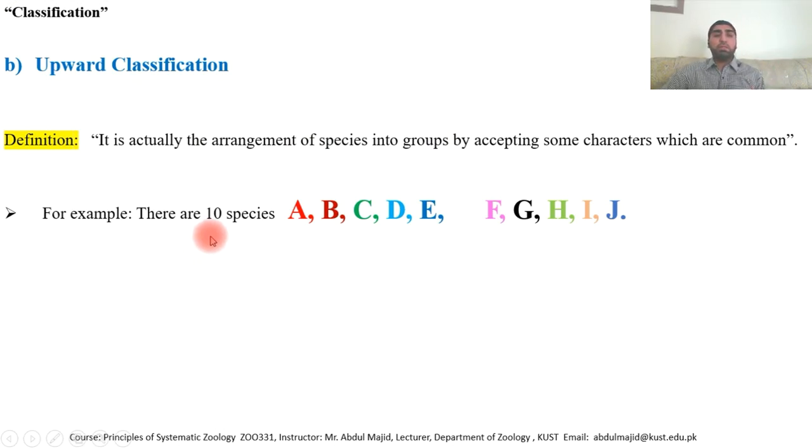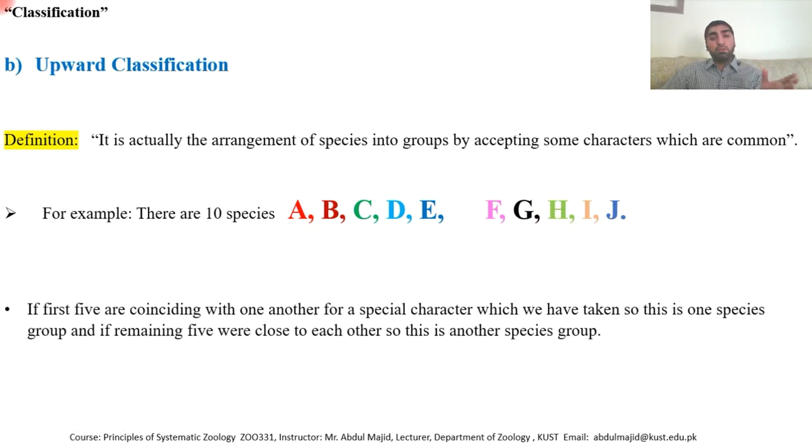Let's suppose, for example, you have ten species: A, B, C, D, E, F, G, H, I, J. The different colors show that they are different from each other. If the first five have certain characteristics which coincide with each other, we will put them into one group.